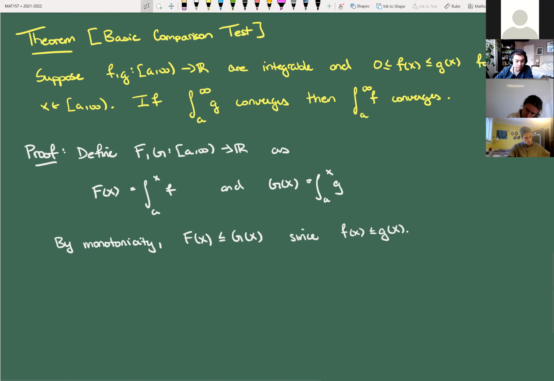Okay. And by the fundamental theorem of calculus, both of these functions are non-decreasing, but we really only need that F is non-decreasing. I guess we don't even really need the fundamental theorem of calculus for that. It's just always true: if you're integrating a non-negative function, your integral is non-decreasing, right? So since f of x is greater than or equal to 0, F is non-decreasing.